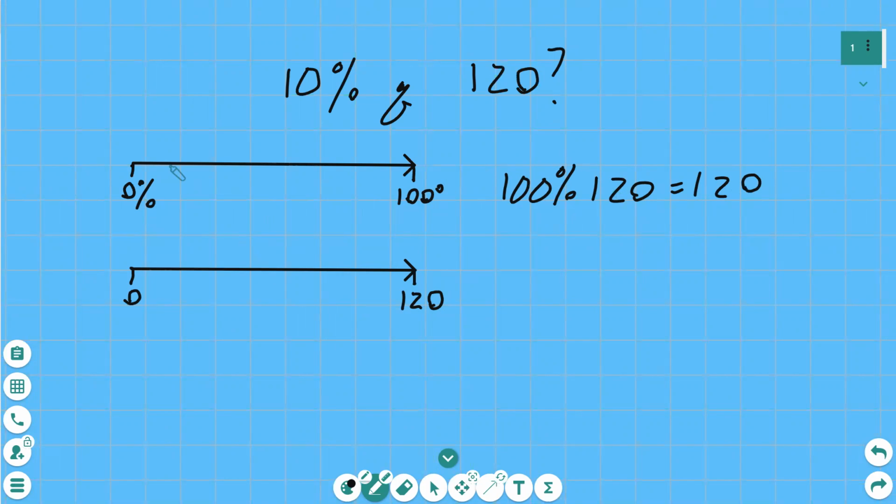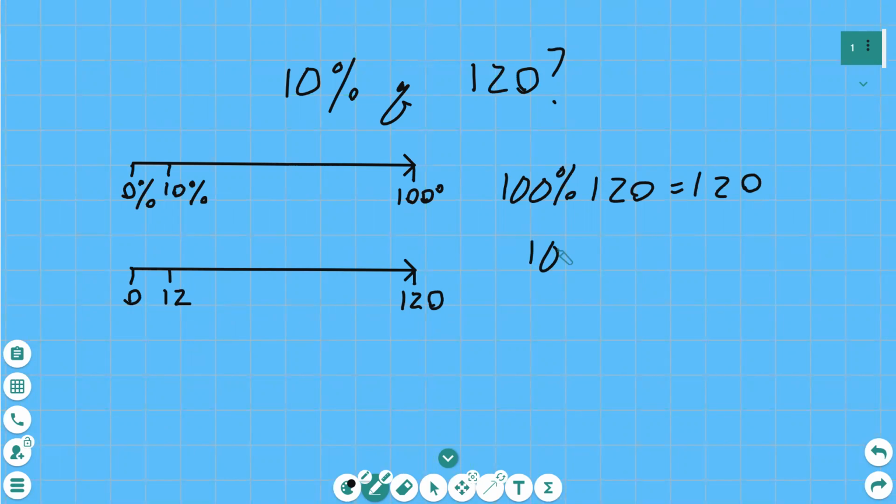Now 10%, as we said before, is back down here. 10% is a tenth of 100. So now we have to find a tenth of 120. We need to divide 120 by 10. Well, with dividing by 10, we can get rid of the 0 on the end. That's going to be 12, isn't it?